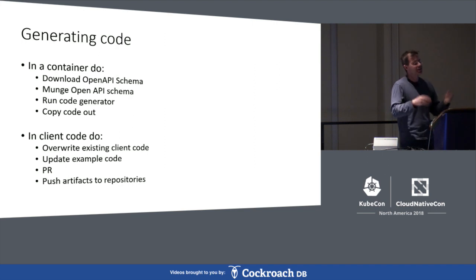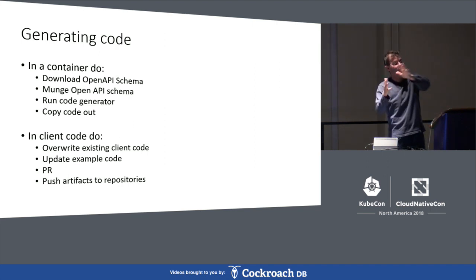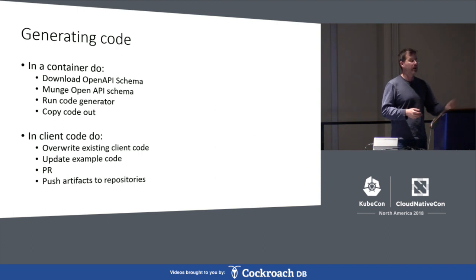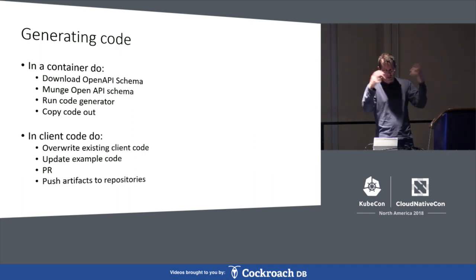That turns into, sorry, here's the path of steps you're going to have to do in order to make that change. And then similarly, the JavaScript client only works in Node, right? You can't use it in the browser right now because the HTTP library that's underneath it is the Node HTTP library. And then finally, once all that code generation has happened, we copy the code out.